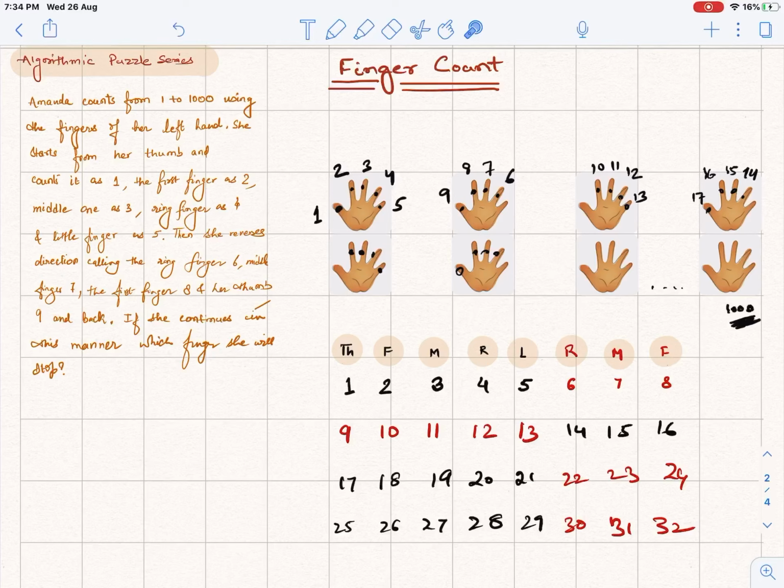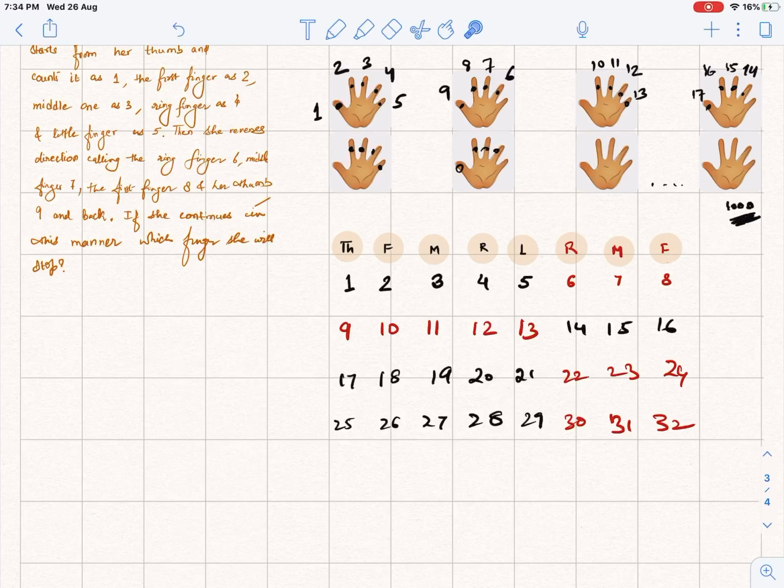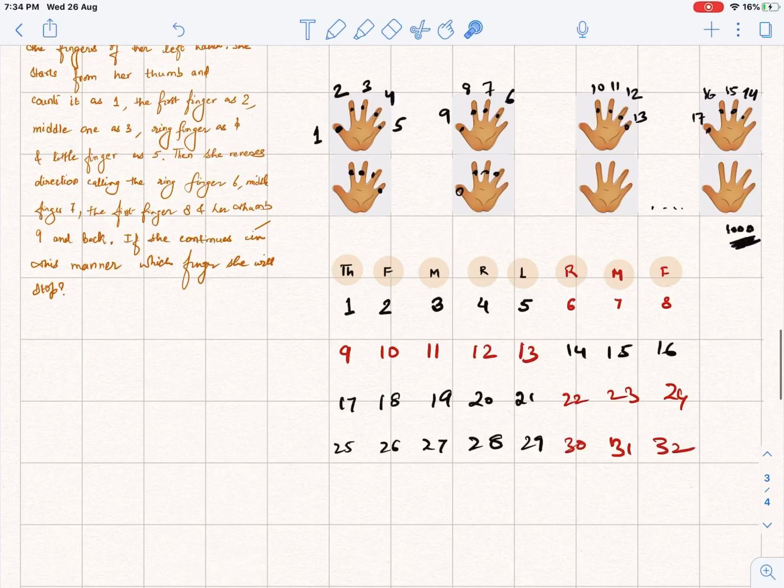So here I have listed down these finger names. I've started with the thumb, then the first finger, the middle finger, the ring finger and the little finger, and then in the reverse direction she again starts from the ring finger, the middle finger, the first finger, and then back to the thumb.